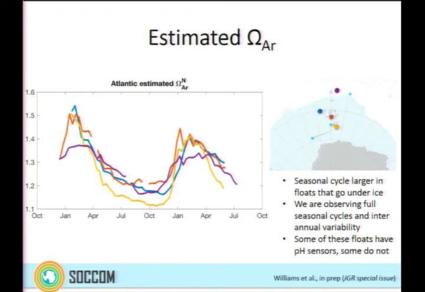Something's cut off, but it's 1.1, 1.2, 1.3. So what we're seeing is that the seasonal cycle in omega north of the ice is much smaller than, say, for example, this red float, which is experiencing seasonal sea ice cover. So when the ice opens up, there's a big bloom, omega goes up, and then in the winter, respiration takes over and omega drops. So we're getting seasonal cycles, we're getting interannual variability even.